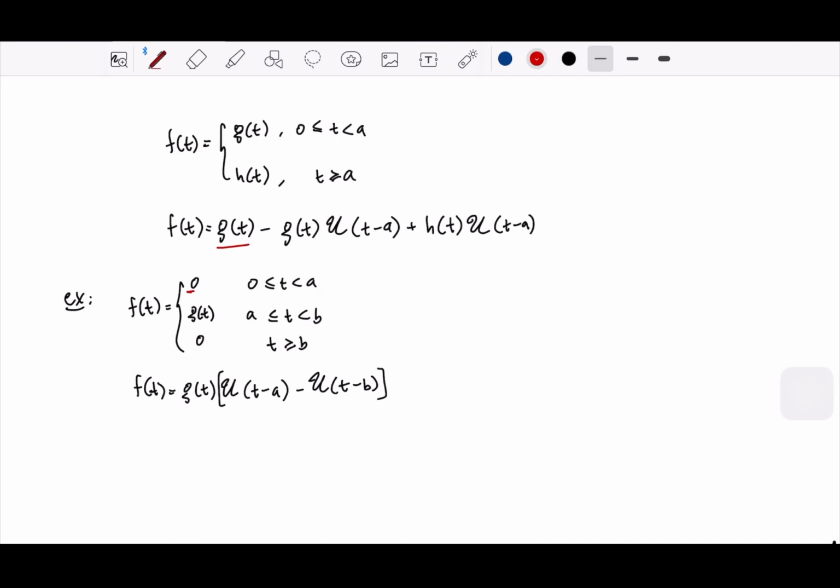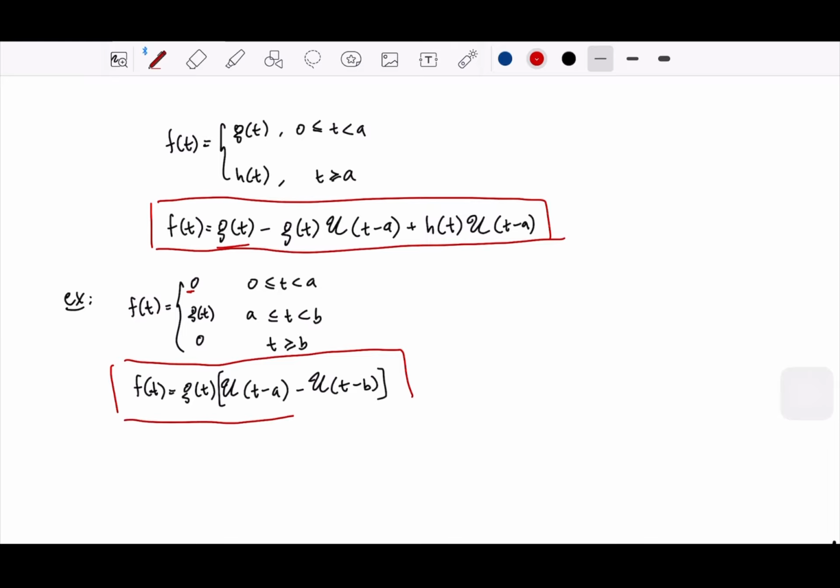So this is, I think, a very good example to illustrate how the Heaviside function works.